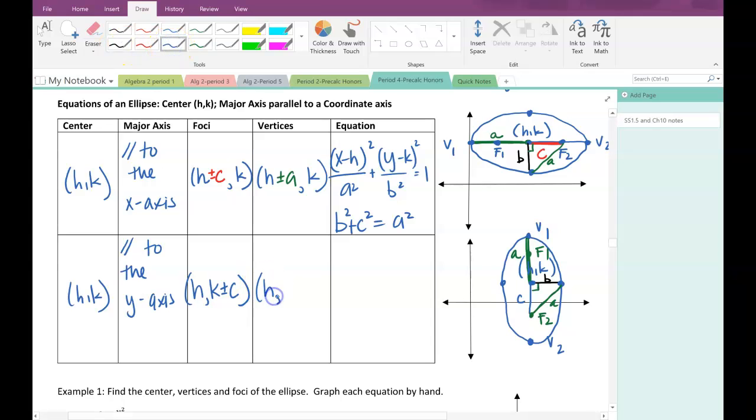So same thing, we're going to go (h, k plus or minus a), and the standard one: (x minus h) quantity squared over plus (y minus k) quantity squared, and it always equals 1. Now because it's vertical, that means the y will get a square, and the x now gets b square. And again, same Pythagorean theorem, b square plus c square equals a square.